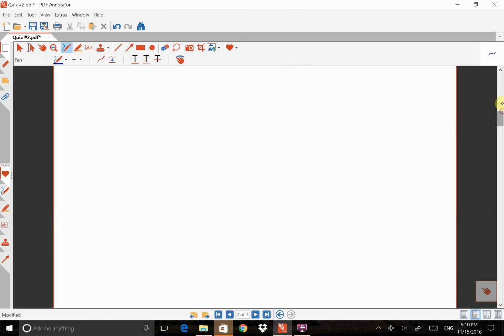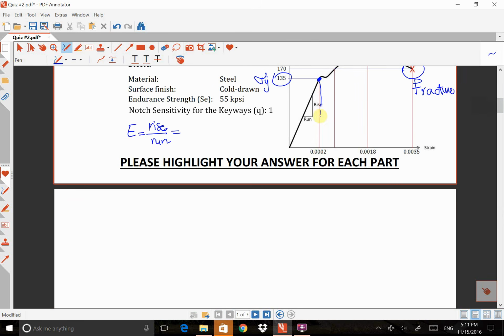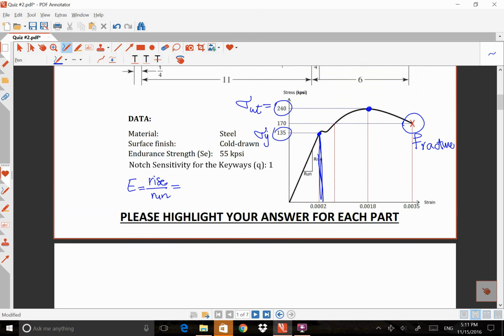This is the rise, and this amount is 135, and the unit is kpsi, so 135, and the run is this, which is 0.0002. So I'm going to find the Young's modulus, which is 67530, and the unit is kpsi. Okay, that was the hidden information that was given to us, not directly, indirectly.